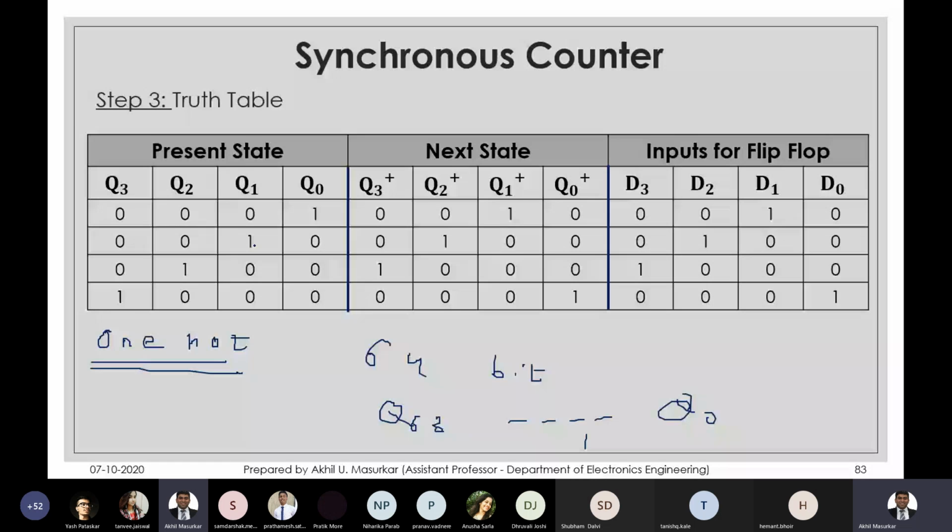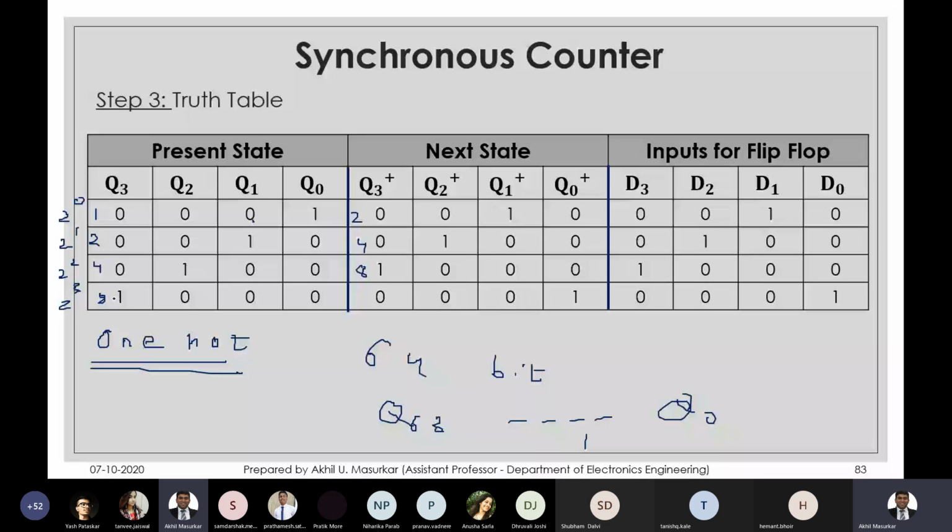So the next state for this, so this is actually 1, this is 2, this is 4, and this is 8. So basically that is 2 raised to 0, 2 raised to 1, 2 raised to 2, 2 raised to 3. If it would have been 5 bit, it would have been 2 raised to 4, and so on. So the next state of 1 is 2. The next state of 2 is 4. The next state of 4 is 8. And after 8, it should again return back to 1.